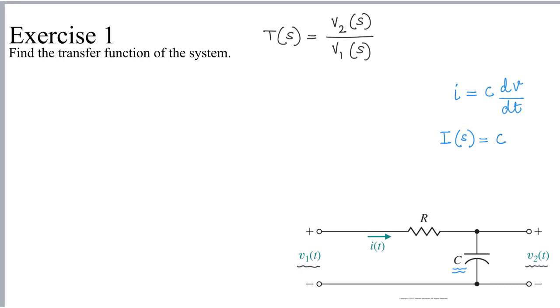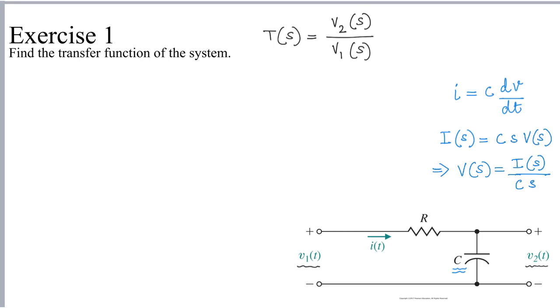A differential is represented as s in the Laplace domain, so we get I(s) = C s V(s). So we could write V(s) equal to I(s) over s times C. This is the opposite relationship, voltage in terms of the current. Oh, I'm sorry, C comes in the denominator, right?